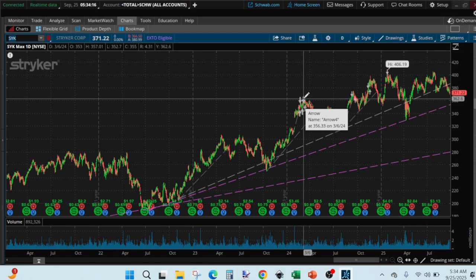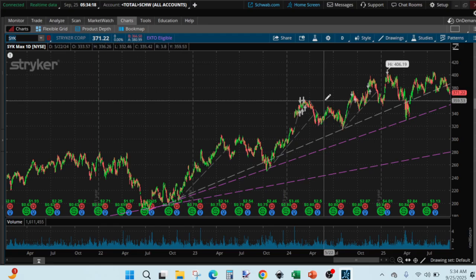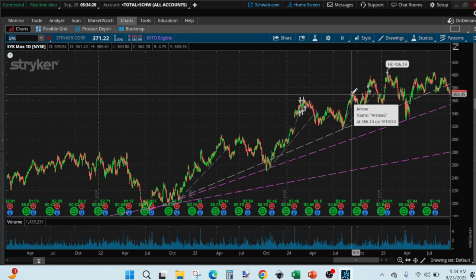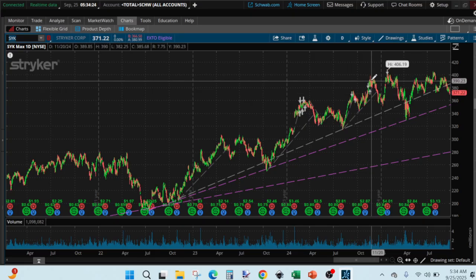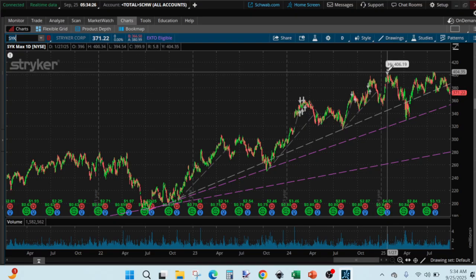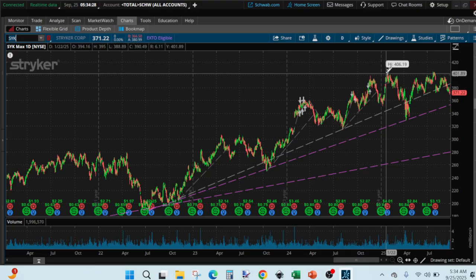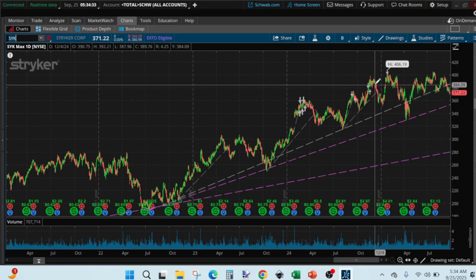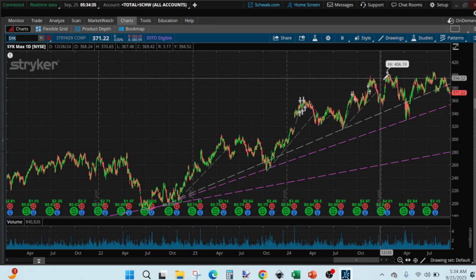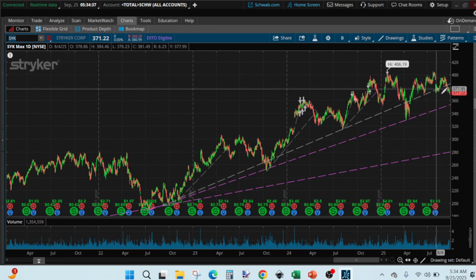So here was March 2024, but then it reached a new high here in September, and then again around November, and then in January. So I think this one is September here. And we will see.